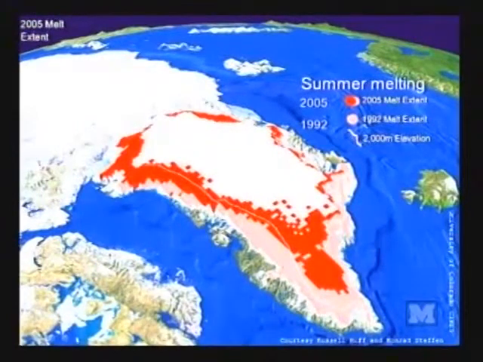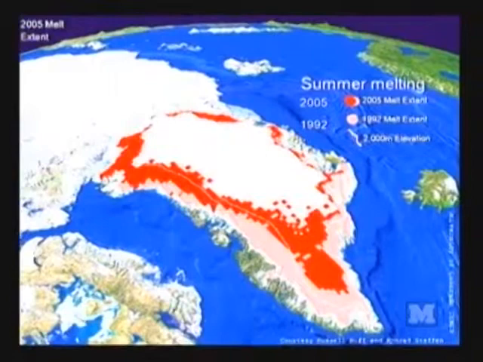And it's largely confined to the southern areas and to low elevations. And this is something that every year takes place, just like the Arctic sea ice changes from summer to winter. The Greenland ice at low elevations and in the southern areas would likewise undergo some melting at the surface and then refreezing in the winter.